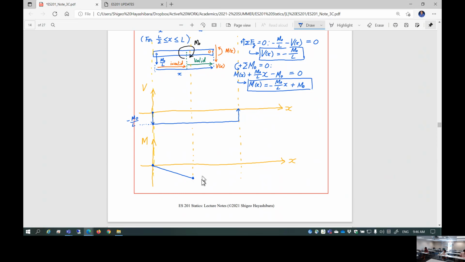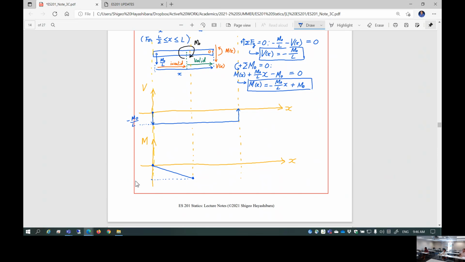Here is the location, half L, where you apply the external moment M0. Question, what is this value? Area under the curve here. So this area is M0 over L times half of L, isn't it?